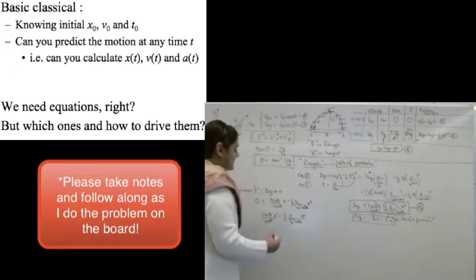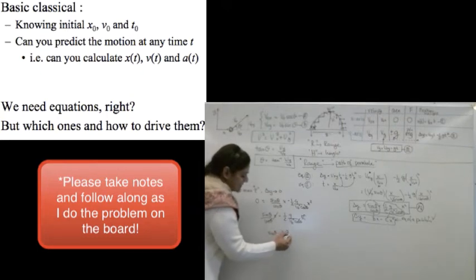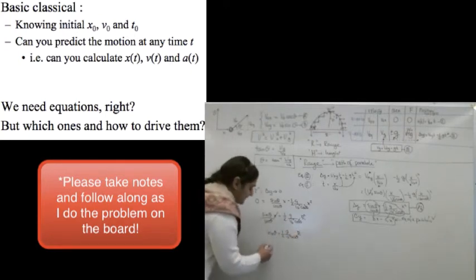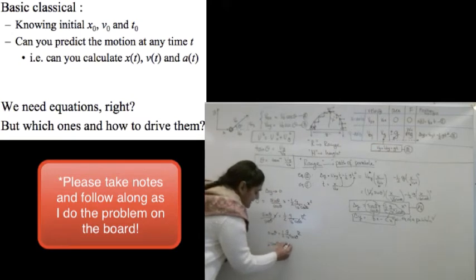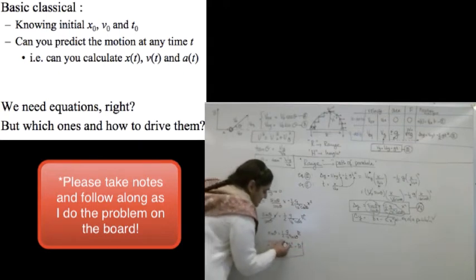This x will now become r. So I will have sine theta equals 1/2 g over v naught squared cosine theta r. Rearranging that one, I will get 2 sine theta cosine theta v naught squared over g equals r. And that is my expression for range.